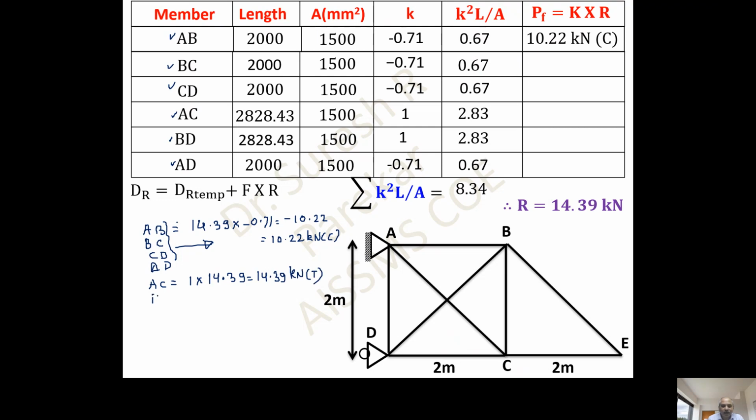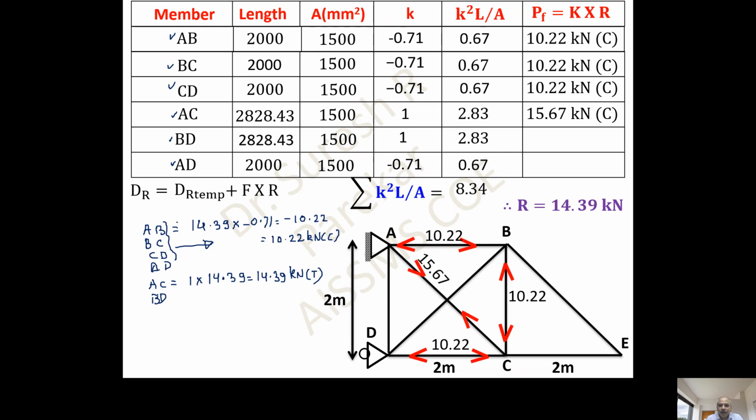AC and BD are the same. So all four members have 10.22 kilonewtons, and the diagonals have 15.67 kilonewton. This diagram plays a very important role because it shows the final forces, and the last diagram is the K force analysis.